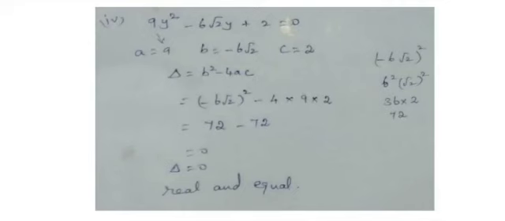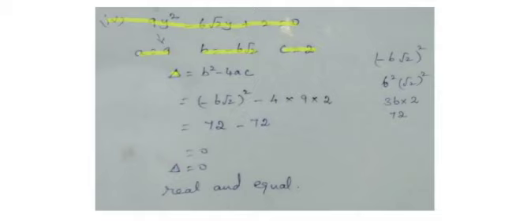Next, fourth question: 9y square minus 6 root 2 y plus 2 is equal to 0. Same, a value is equal to 9, b value is equal to minus 6 root 2 and c value is equal to 2.